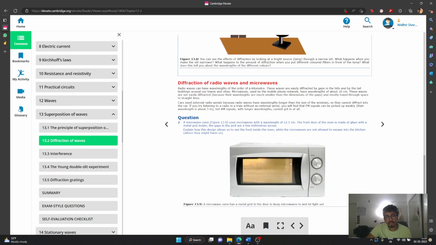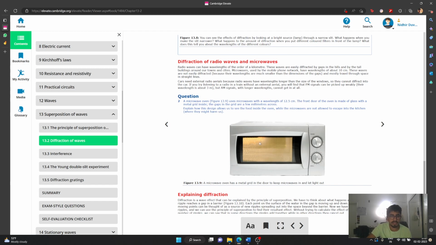One example that your book gives is very interesting. Inside the microwave, you have microwaves, and the question is, why don't these microwaves come out? The answer is very simple: the wavelength of microwave is 12.5 centimeters, and for it to come out through these holes, the holes need to be of 12.5 centimeters. But are they?